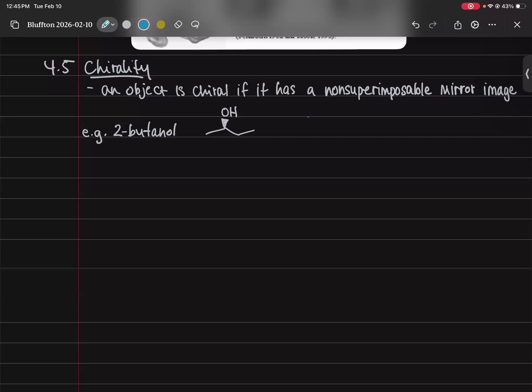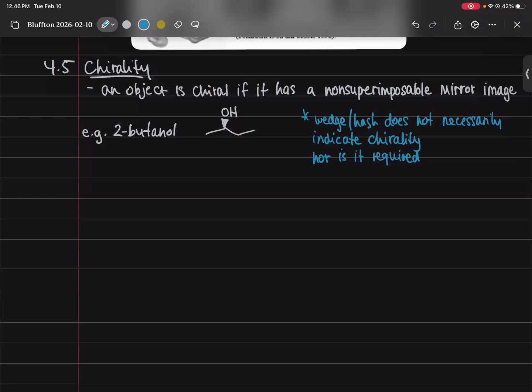One important note here that I should mention is that having a wedge or a hash in your structure does not necessarily indicate that we have a chiral molecule. It's also not required to have a wedge or a dash in order to be chiral.